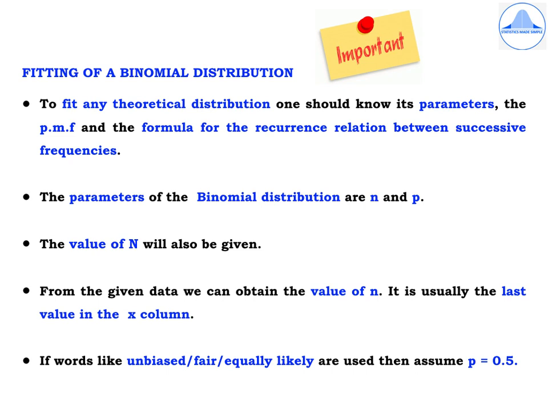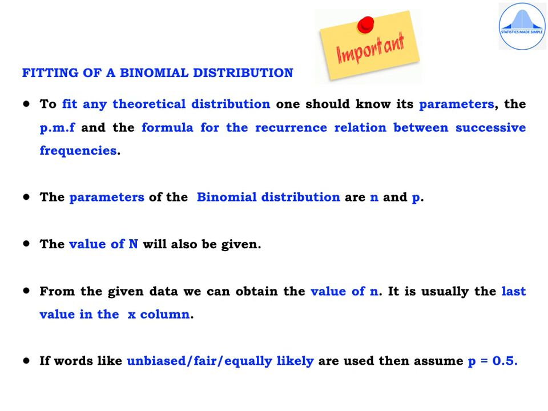The PMF of the binomial distribution, which we have used in so many problems till now, is P of x equal to nCx, p to the power x, q to the power n minus x, where x takes values 0, 1, 2, and so on till n, and you know that q is equal to 1 minus p, and 0 otherwise.